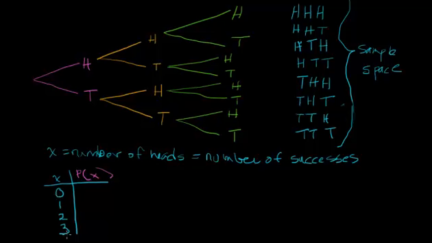These are all the possible outcomes if you flip a coin 3 times and you're counting the number of heads. Well, what's the probability that I get 0 heads? So let's look back at our sample space. There was only one case where we didn't get any heads, and that happened right here, correct? So there is one way for that to happen out of our 8 possible outcomes. So the probability that I don't get any heads is 1/8.